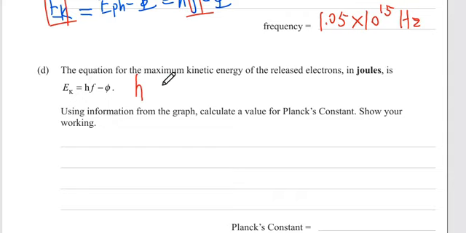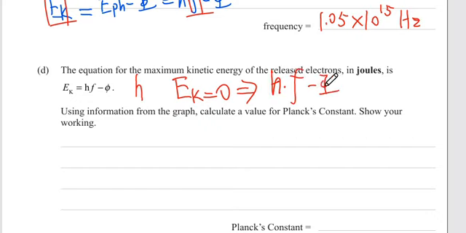We want to make sure that EK is 0, so that we have hf minus phi equal to 0. Now this time it is not asking about the frequency, it is asking about Planck's constant h, so it is going to be phi over f. And this f is not a random f, it is going to be the threshold frequency.